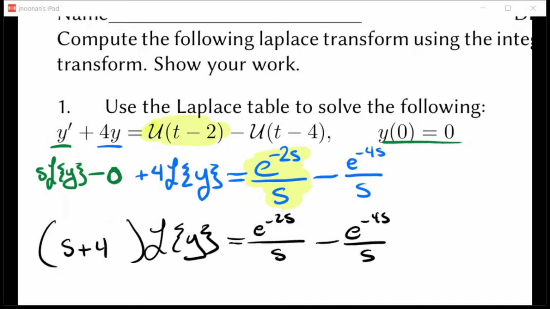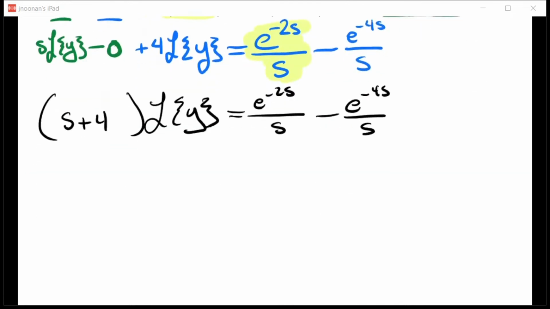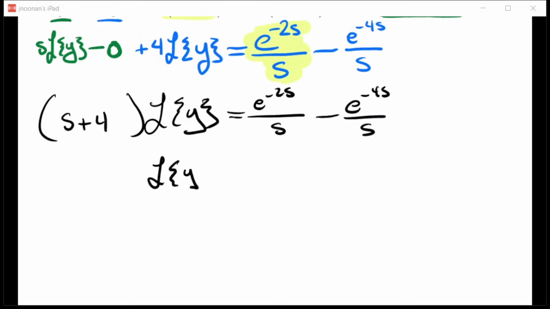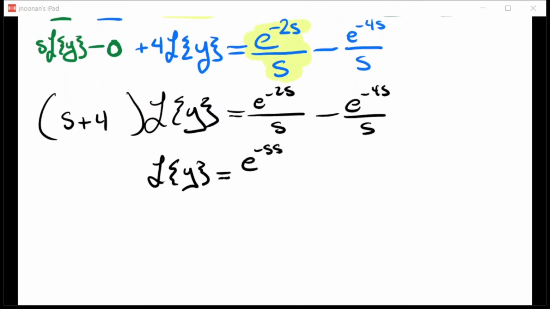Hopefully you're doing something like this. It's a little bit of algebra, not too challenging. You factor out the L of y and you get s plus 4, and then divide both sides by this, so that L of y is e to the negative 2s, minus e to the negative 4s, over s times s plus 4. I'm going to combine these.